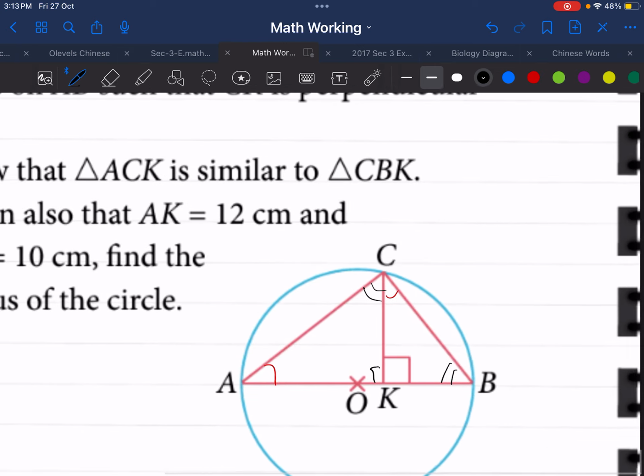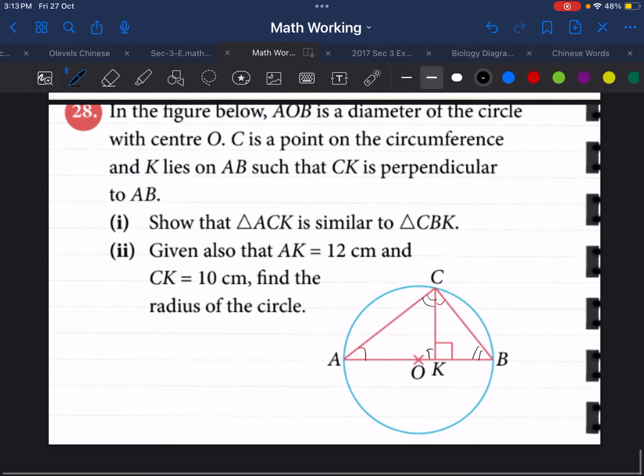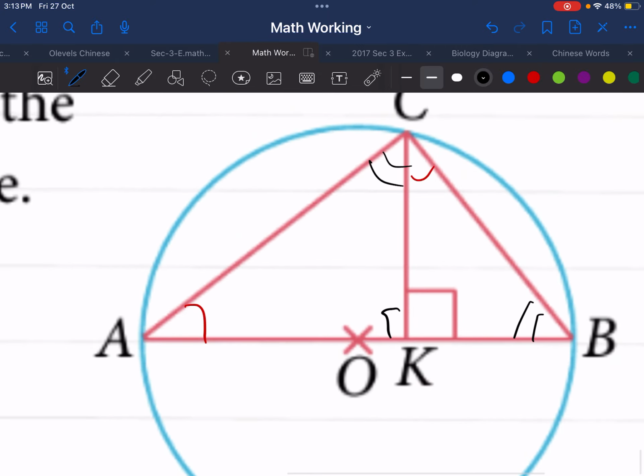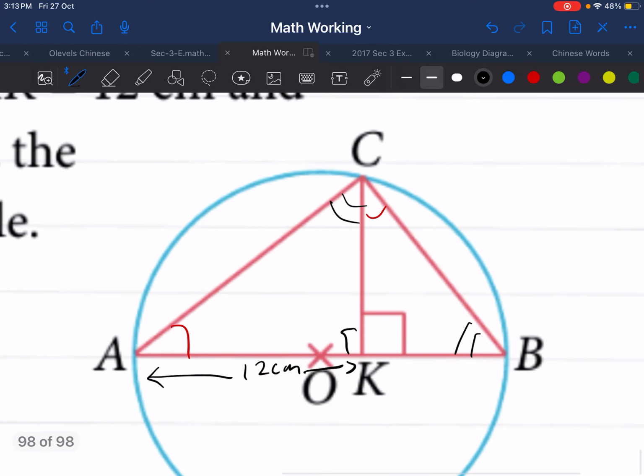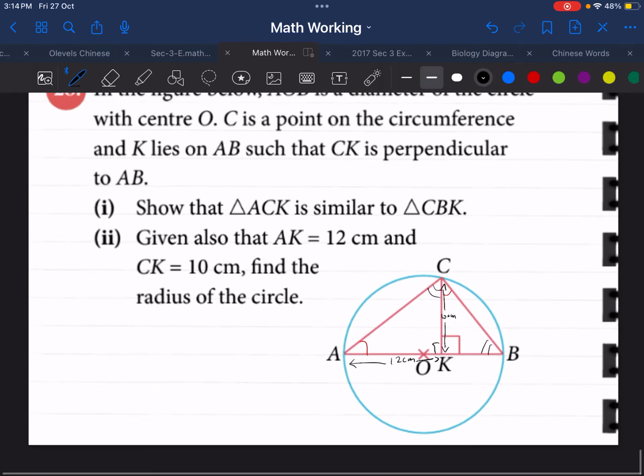Given that AK is 12 cm, so this is 12 cm. CK is 10 cm. Find the radius of the circle.